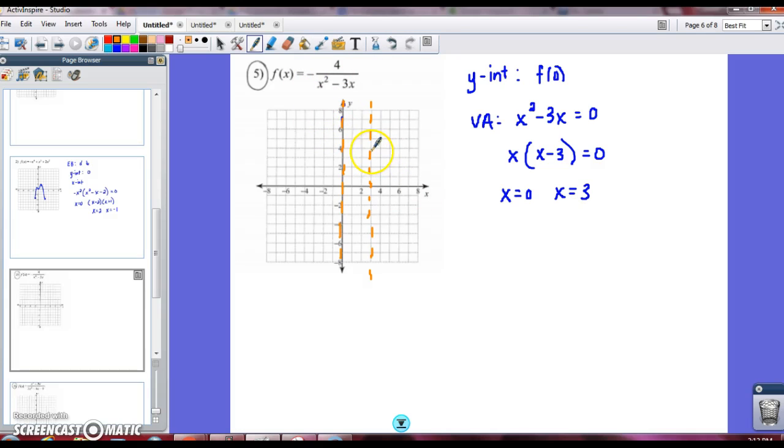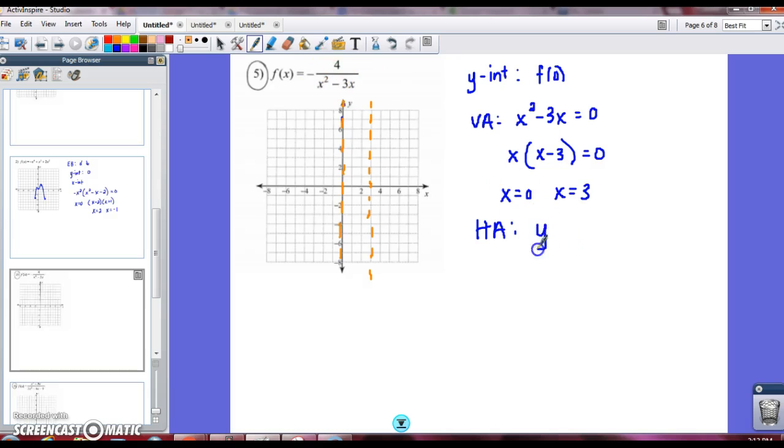But now we have to go ahead and graph it. So here's where I say to go ahead and plot points beyond and between. Now, horizontal asymptote, I didn't talk about this yet. Horizontal is when the degree of your numerator is smaller than the degree of your denominator, which it is in this case.